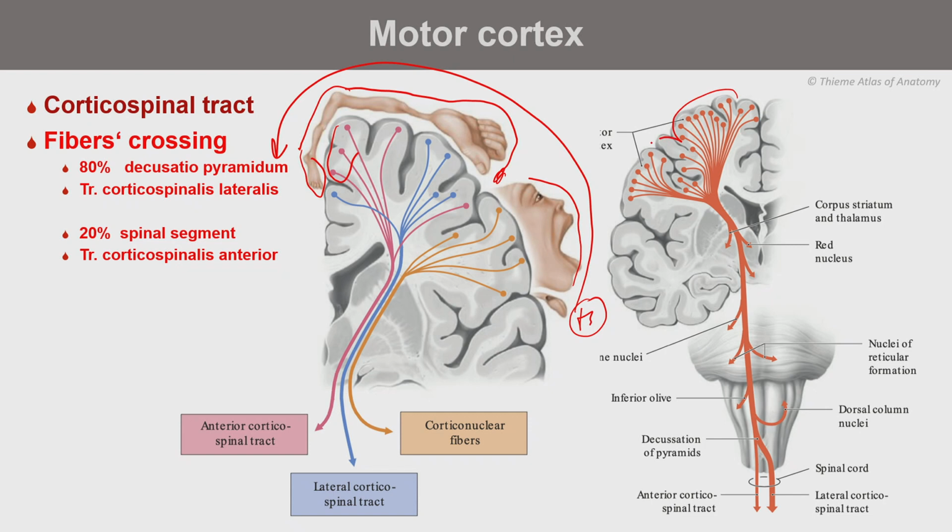Those neurons produce very, very long axons, and those axons then have outputs. The outputs are partially to the corpus striatum and thalamus, to have a feedback for those structures.